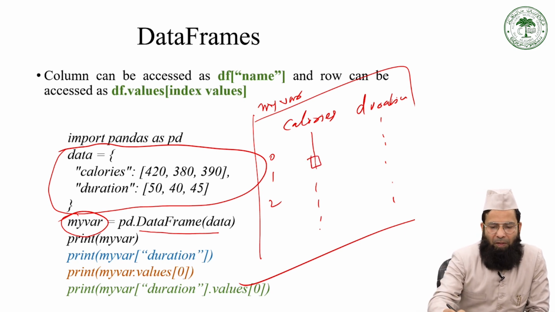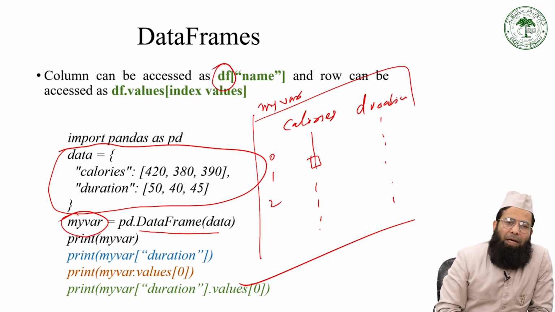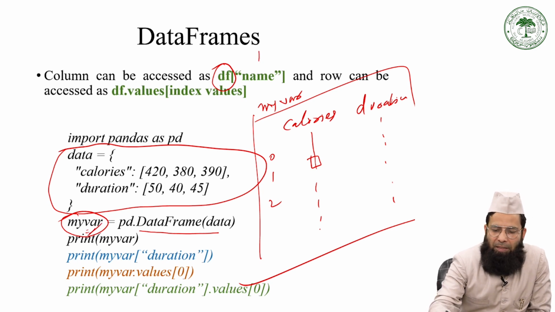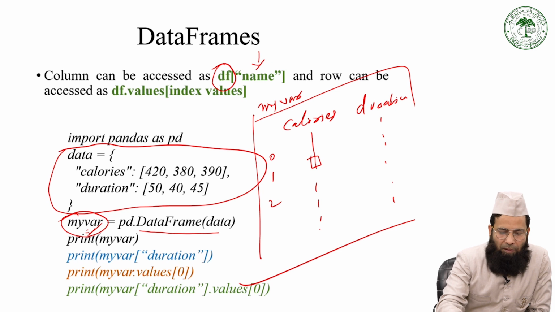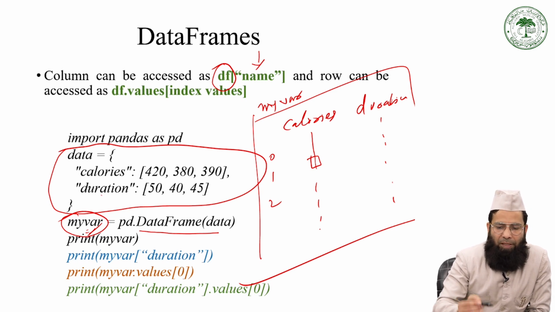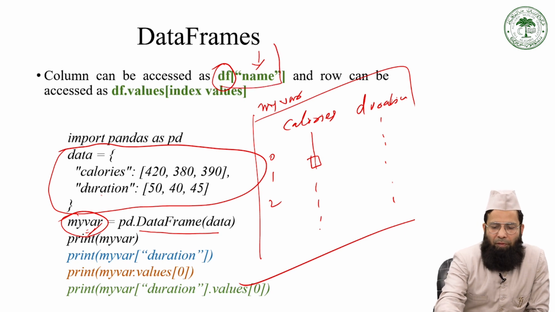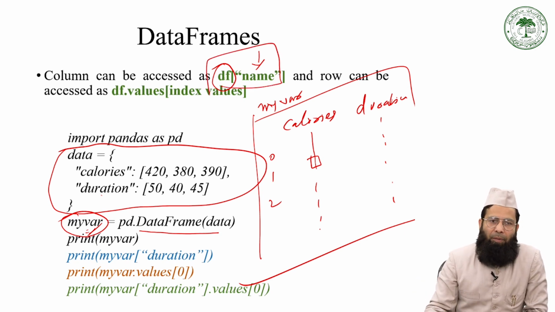We'll use the data frame, this is the name of the data frame object, in this case myvar, and this is the name of the column, which is calories or duration in this case. If you want to access the column, we'll use df and the name of the column, and df is your data frame object.